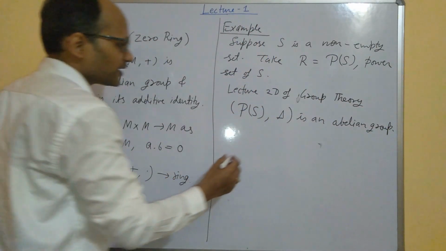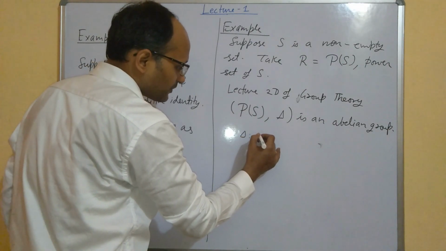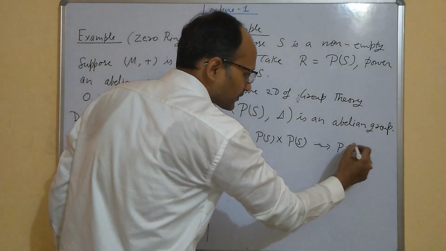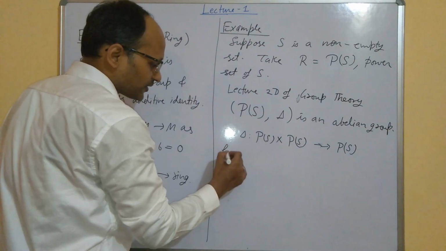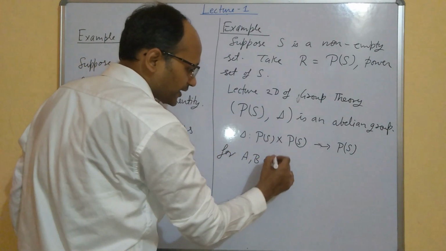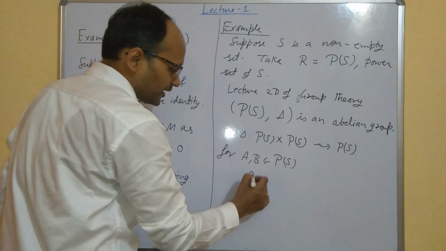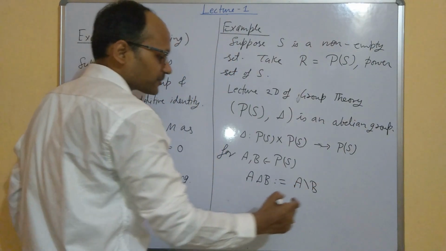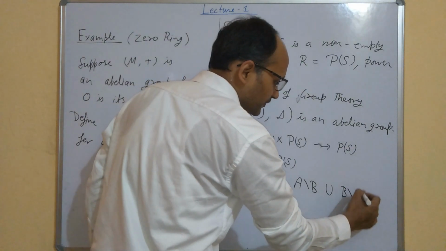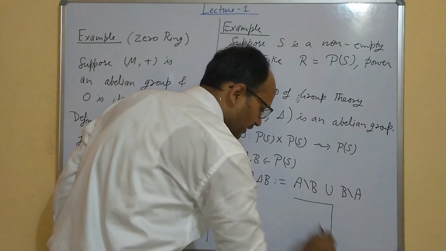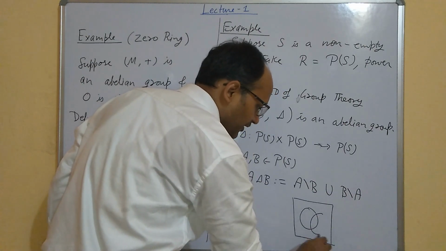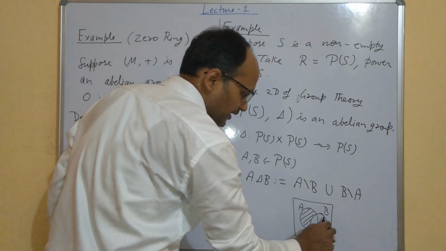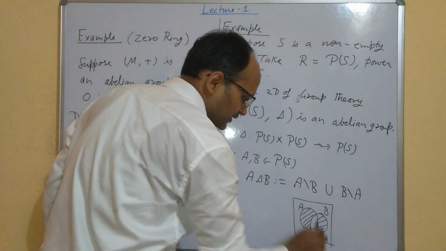What is symmetric difference? Let me again introduce it. Symmetric difference is a map from PS cross PS to PS defined as, for A, B in PS, that is the power set of S, the symmetric difference of A and B is defined as A minus B union B minus A. In a Venn diagram, this is A, this is B, then A minus B is this part, and B minus A is this part, and the union of these two is called the symmetric difference.